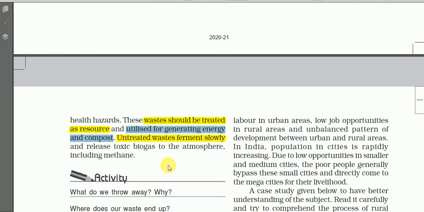We should think of these dumping grounds as a resource. If biodegradable substances are there, they can be used in producing biogas, and at the same time we will get manure also.